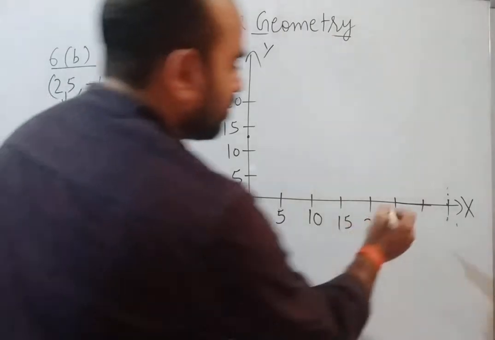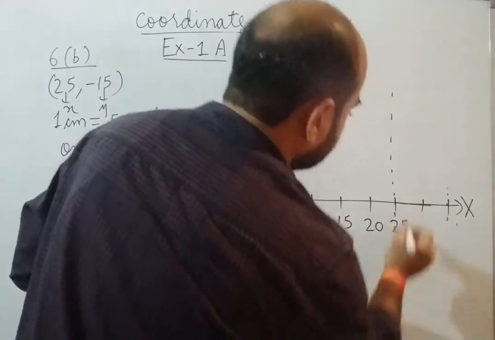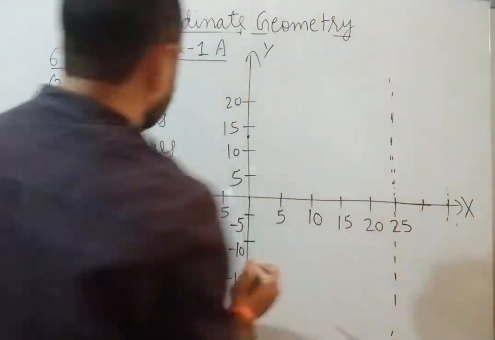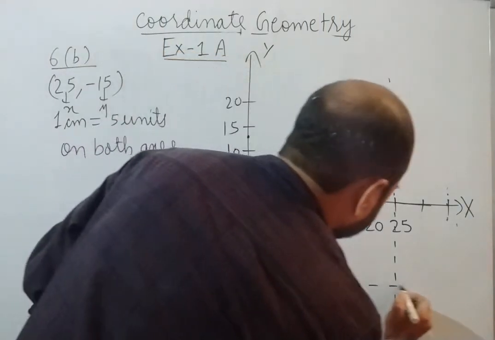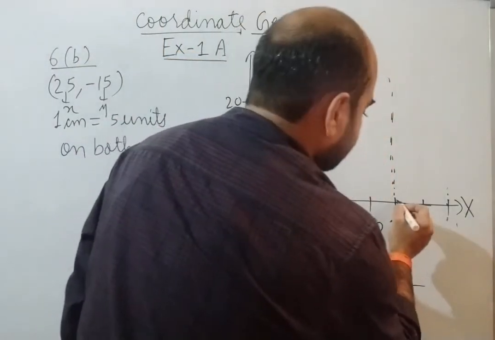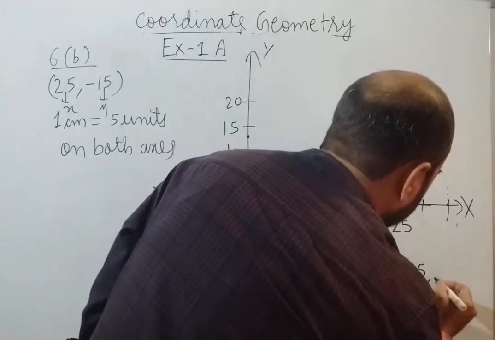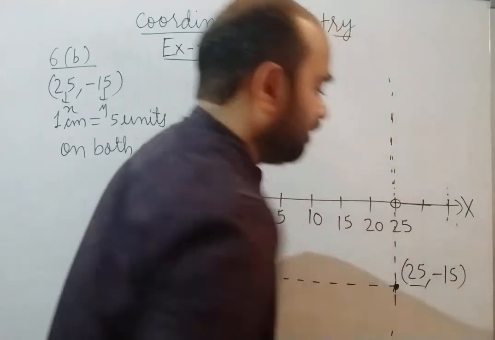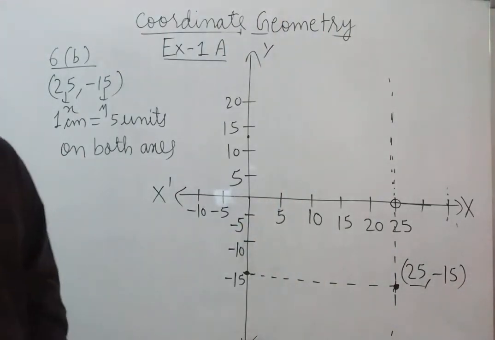So x is 25, correct, vertical line, and y is minus 15, horizontal line. So this is the point 25, minus 15. That is the fourth quadrant. Clear? Next.